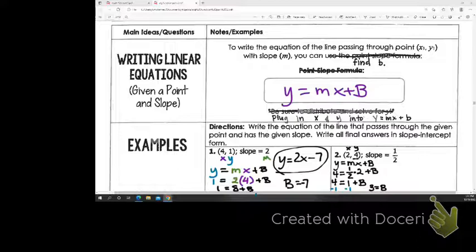And then after I know b, then I write my equation. When I write my equation, I go back to just using x and y, not the actual point. I use a number for m and a number for b, but now I have a rule or a function that I could use for any x and y that lie on that same line.